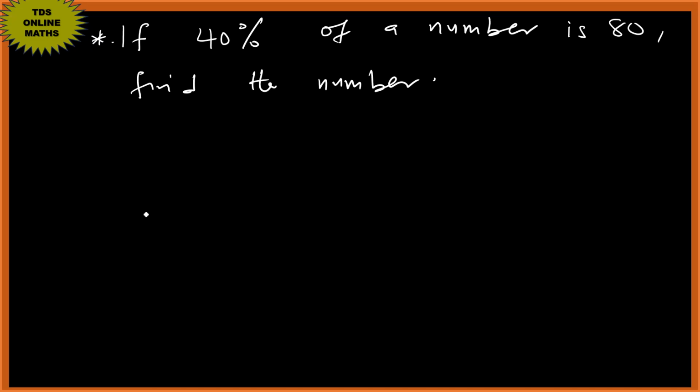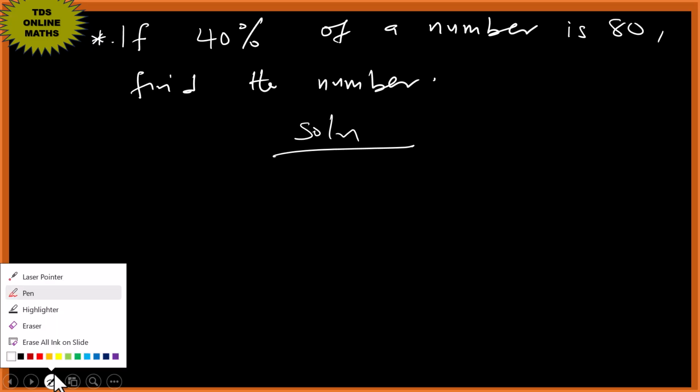Now let's look at the next example. So you can pause the video and give it a try. So we have 40% of a number is 80. Find the number. Now we just solved a similar one. So you can give it a try as you pause the video. All right. So 40% of a number.